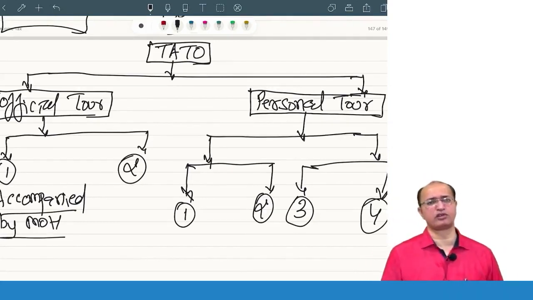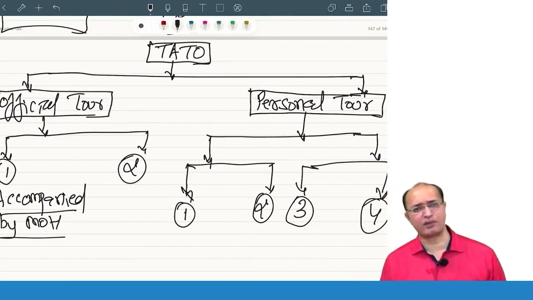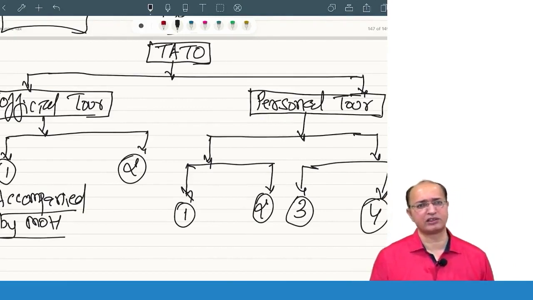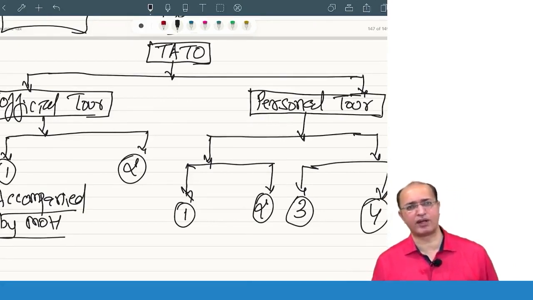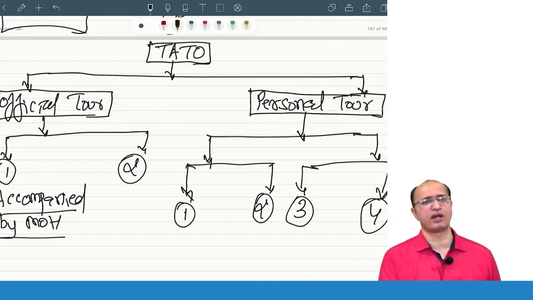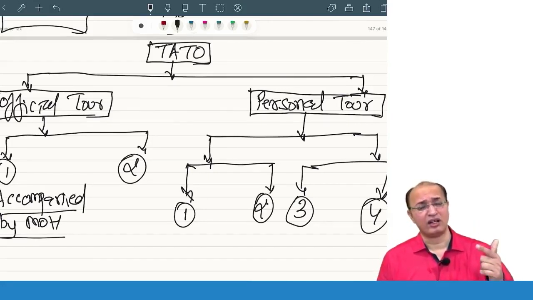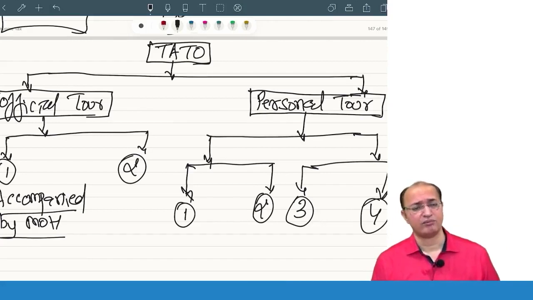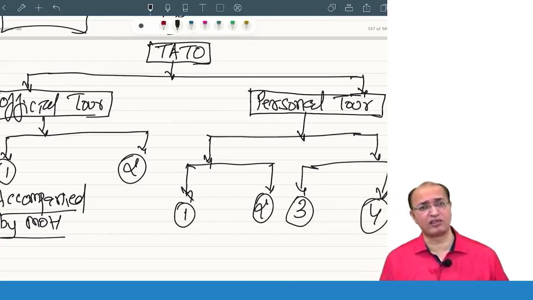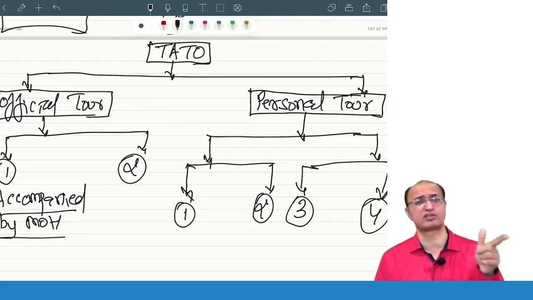Member of household includes number one, spouse; number two, children and their spouses; number three, parents; and number four, servants and dependents. Whenever you are on an official tour but you are accompanied by a member of household, then whatever expenditure the employer is incurring for you is incurred for official purpose. But whatever expenditure your employer is incurring for that member of household, that member is not on an official tour, he is on a personal tour.